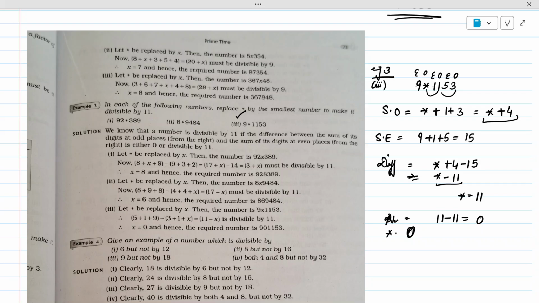So we have taken star as 0 here, and our number becomes 901153. This is how we have to do this question.